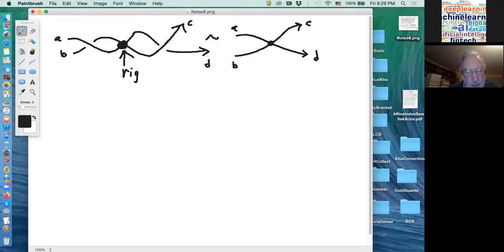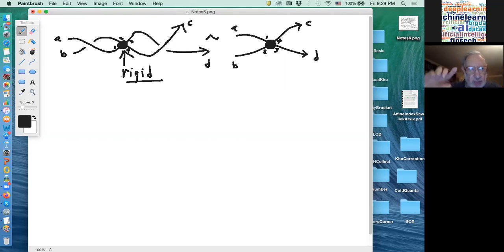So what you can do is you can turn it rigidly, and then the cyclic order of edges that go in just flips over. If this is number 1 and this is number 2 and this is number 3 and this is number 4, then you see up here you have 1, 4, 3, 2.